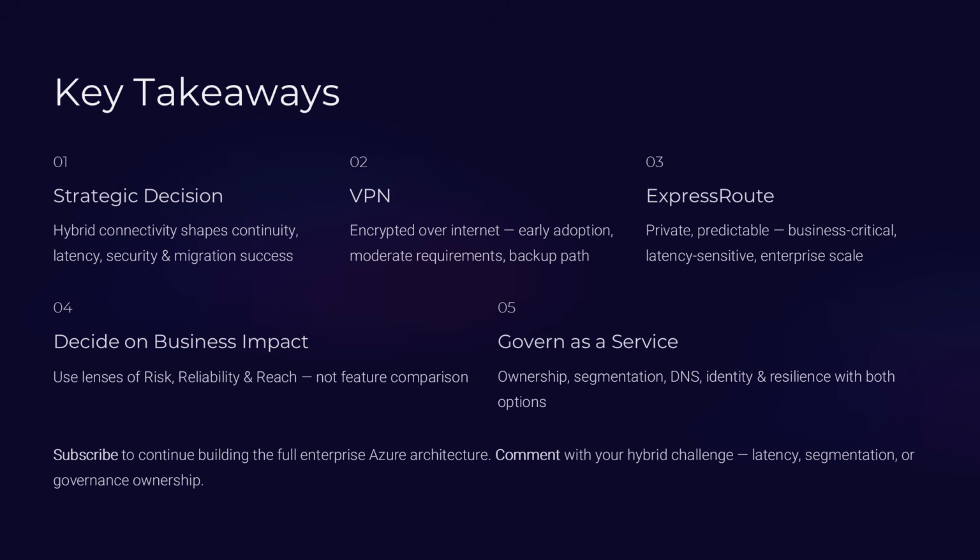Governance and accountability are essential because hybrid connectivity is an ongoing service that requires ownership, routing discipline, segmentation, consistent domain name system, identity integration, and measurable performance. Many enterprises adopt a resilient pattern using both connectivity options to balance stage investment, reliability, and risk reduction.